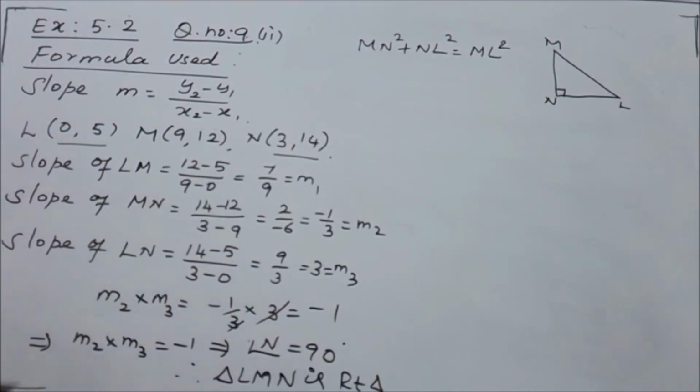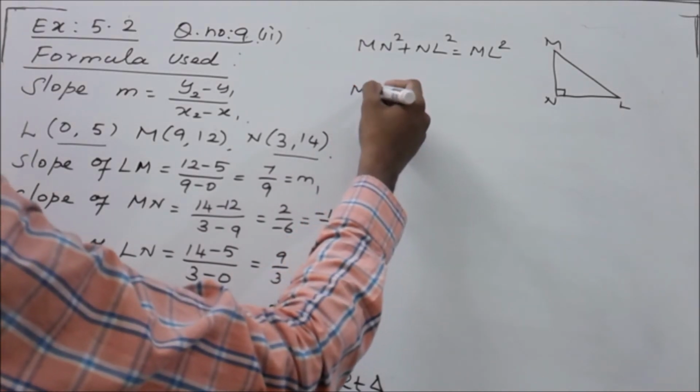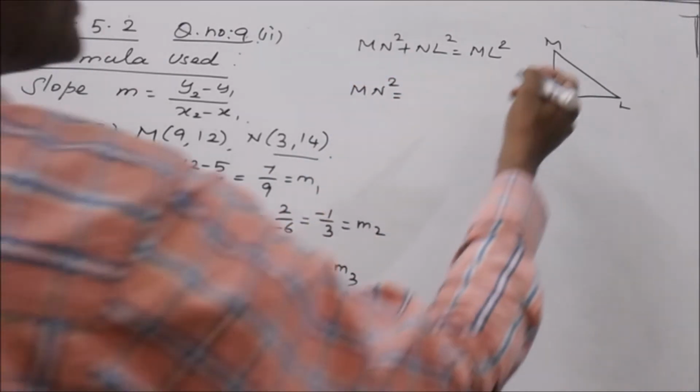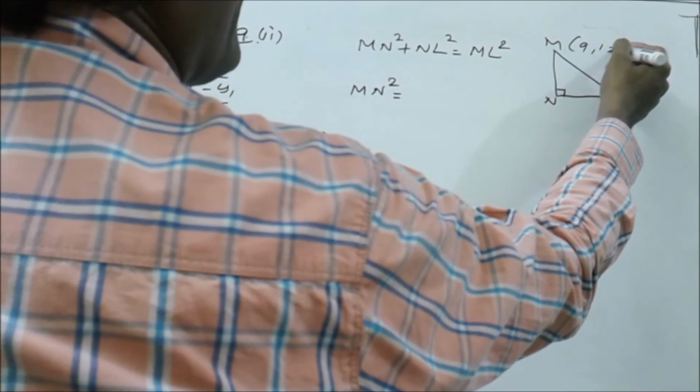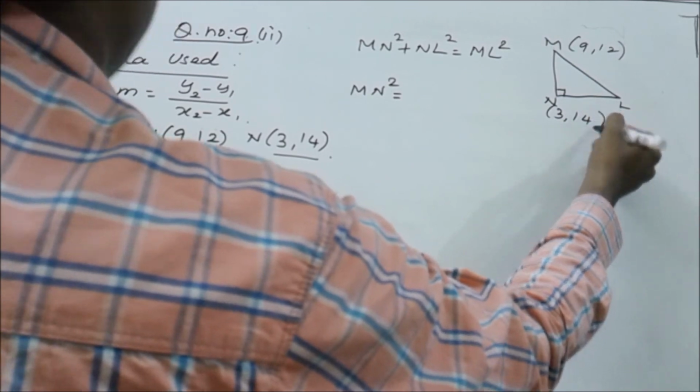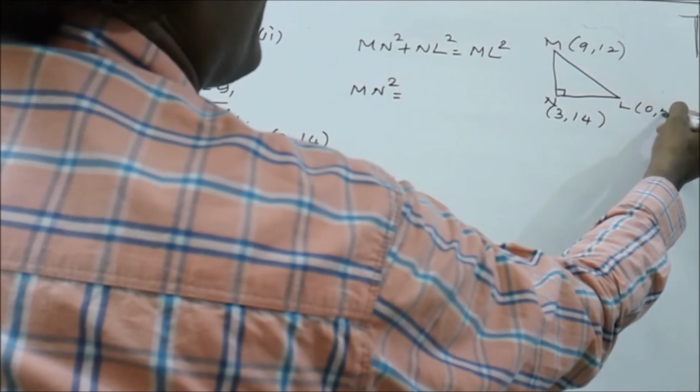We should find the values and check it. M is (9, 12), N is (3, 14) and L is (0, 5).